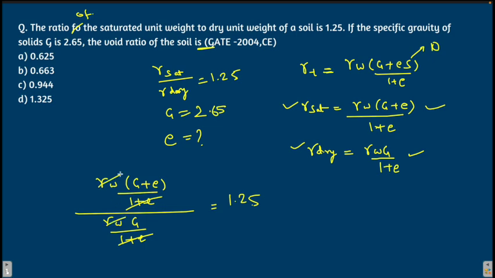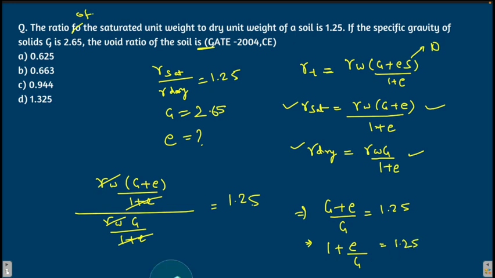The numerator gamma w will be gone. So you will be left with G plus e by G, which will give you 1.25. Now you have to find the value of e. That's simple. If you separate this, G by G will give you 1, plus e by G is given by 1.25.